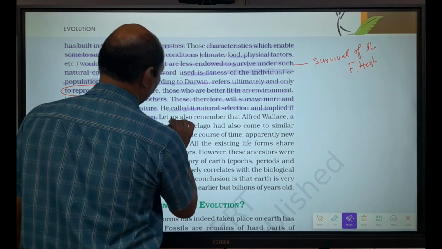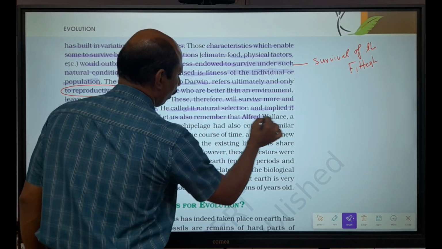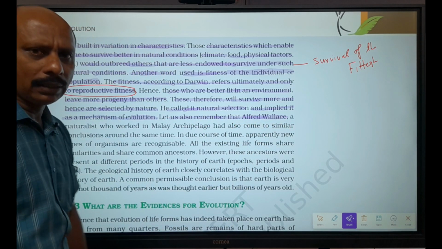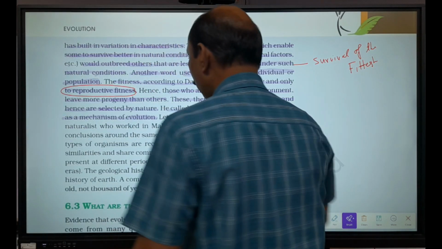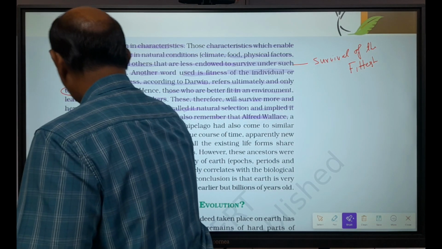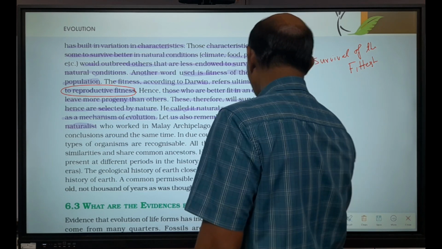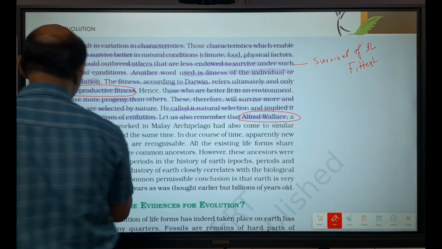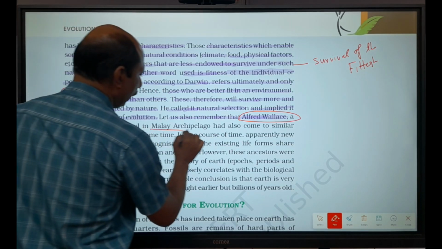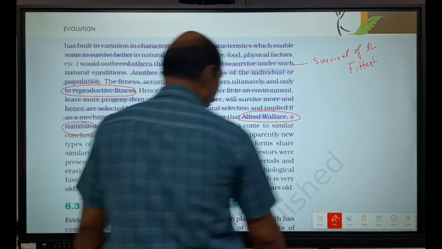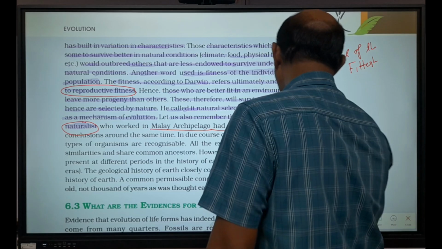Let us also remember Alfred Wallace, another scientist, a naturalist who worked in the Malay Archipelago, right? What is meant by Malay Archipelago?